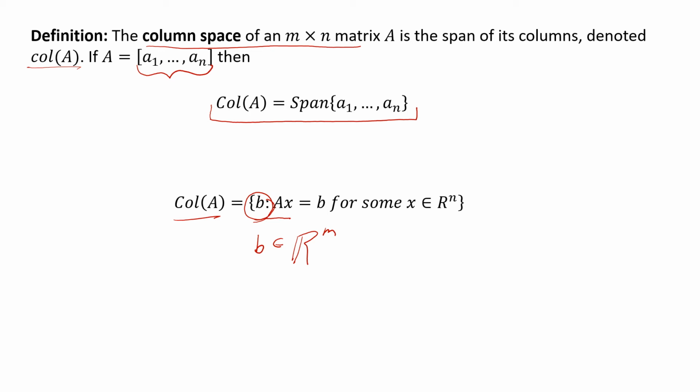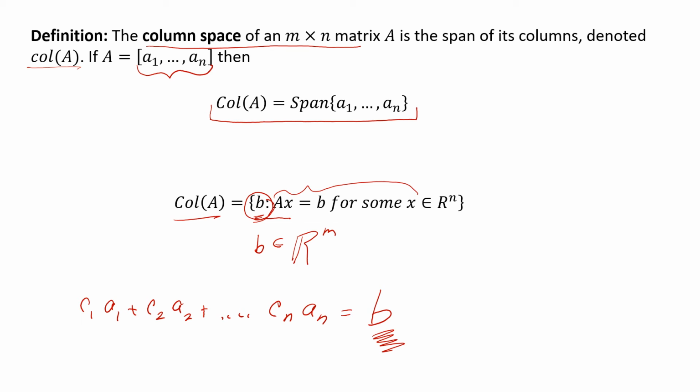In other words, it's all of the potential answers to C1 times A1 plus C2 times A2, and so on, up to Cn times An, that equals B. All of the possible B's that you can reach by a linear combination of the columns. That's the same as saying all of the B where Ax equals B for some x.